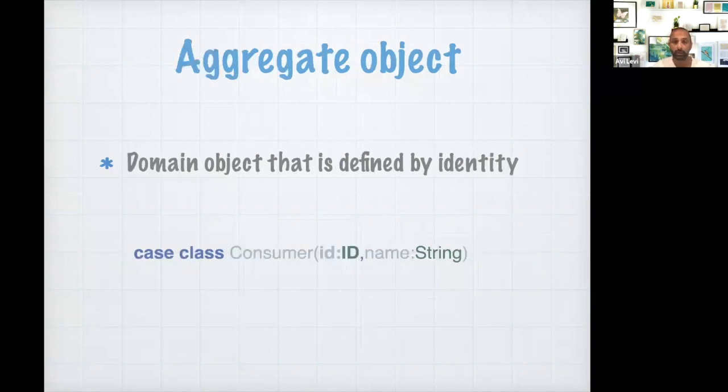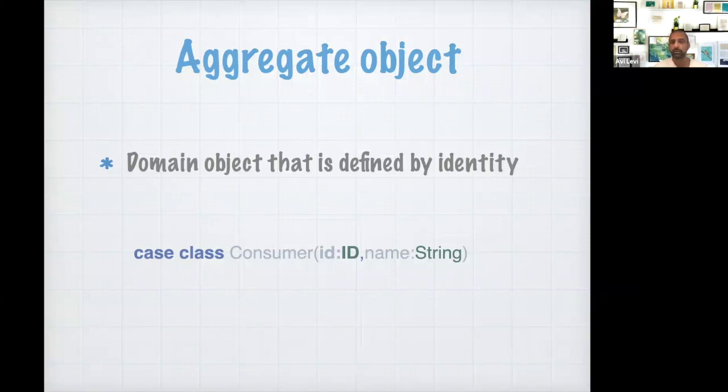An entity object is defined by identity, as opposed to a value object, like the address example. If I give the same street, city, country, but a different house number, then of course we're talking about different addresses. An entity is defined by some kind of identity.